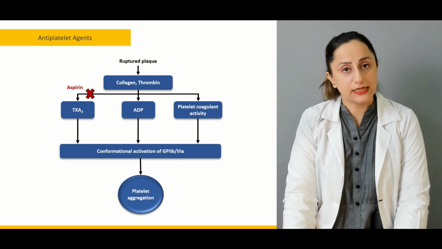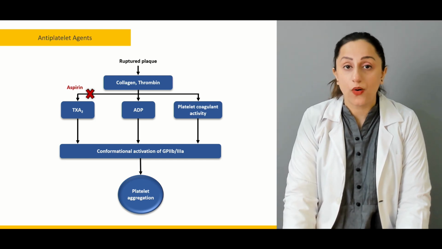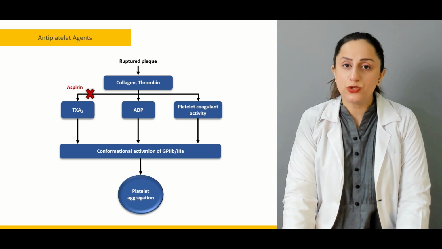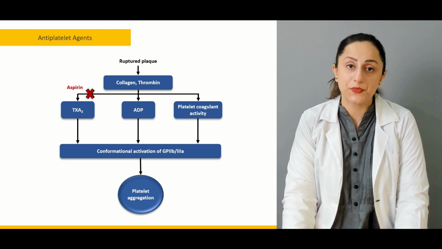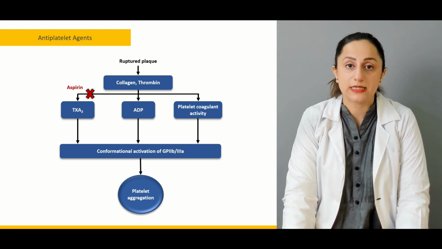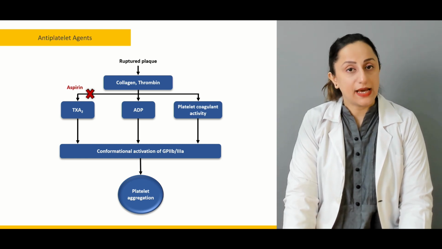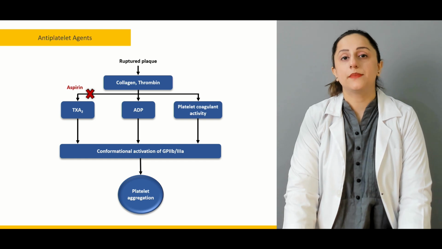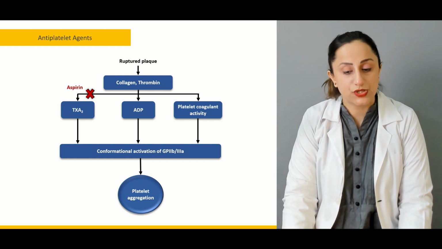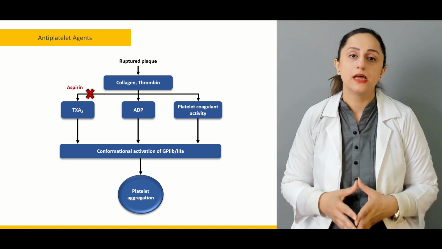Now, there are a lot of studies that have been going on because the use of low-dose aspirin has its own adverse effects and side effects, ranging from epigastric disturbances. It can even be the occurrence of ulcerations in a lot of patients.